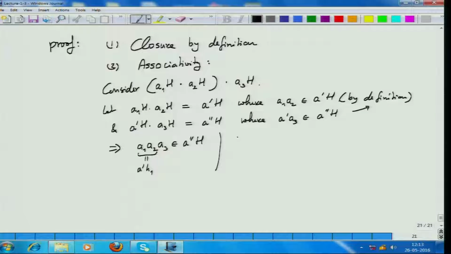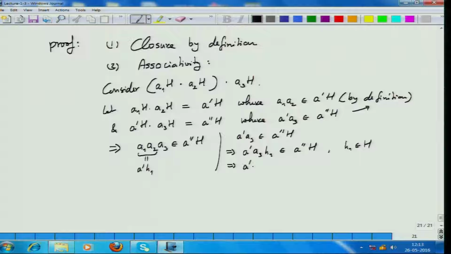So, we know that A'A3 is in A''H. This implies A'A3h1 is in A''H. You agree with this? Because h1 is in subgroup H. Fine.